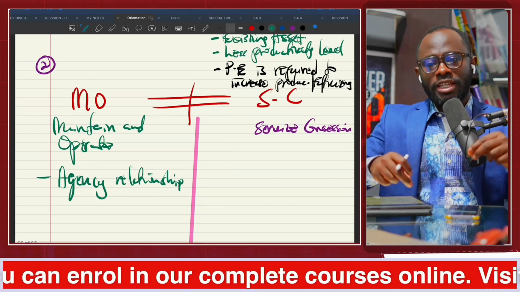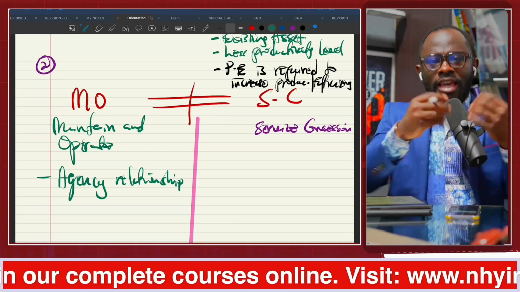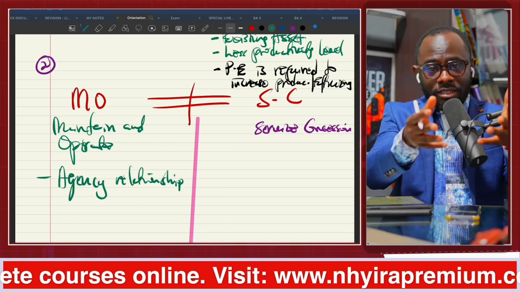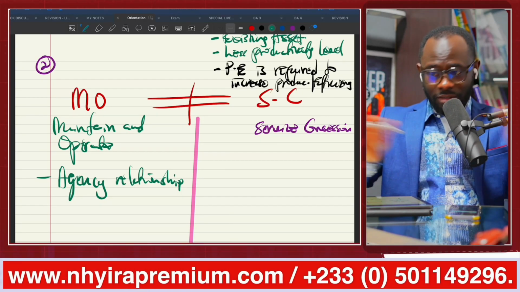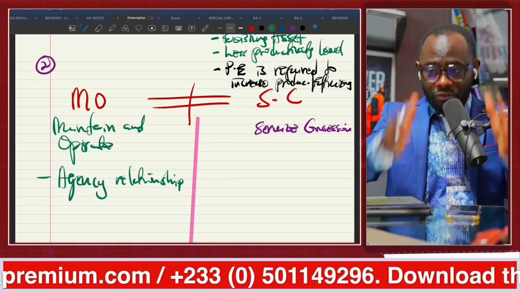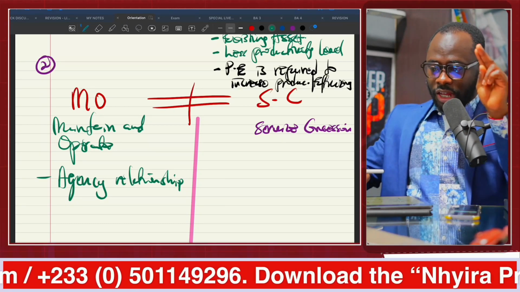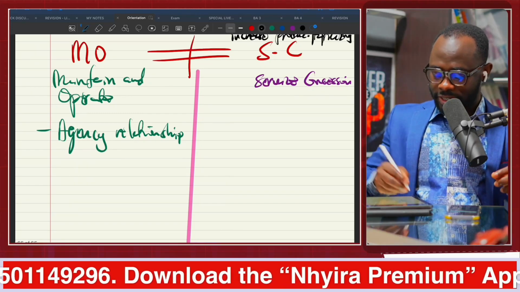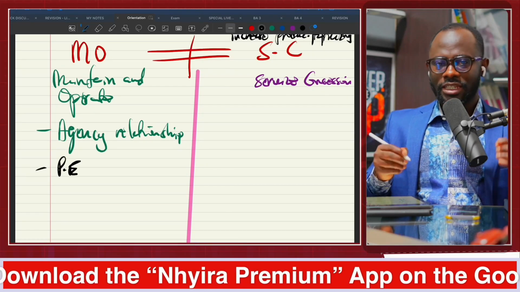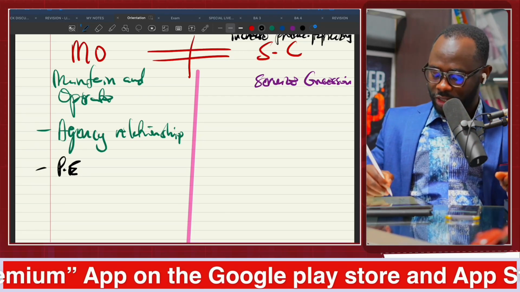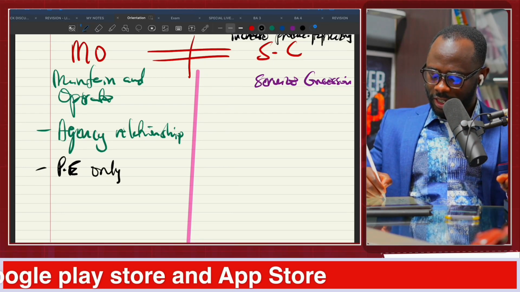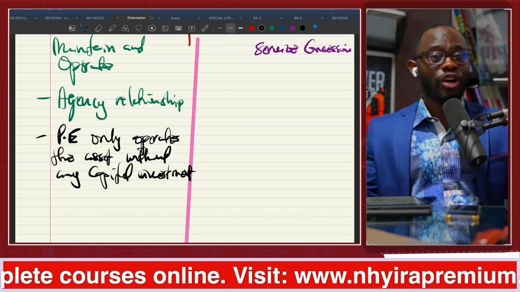So now the private entity under maintain and operate is acting as an agent, acting on behalf of the government. That's all. Number two is what I said earlier. The private entity only operates the asset without any capital investment, because you're an agent.